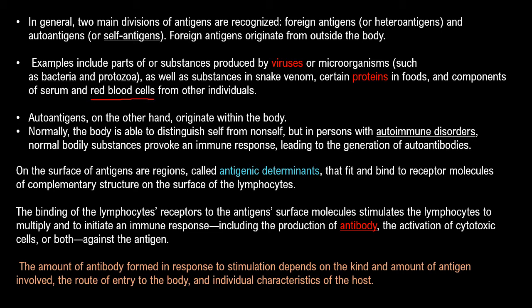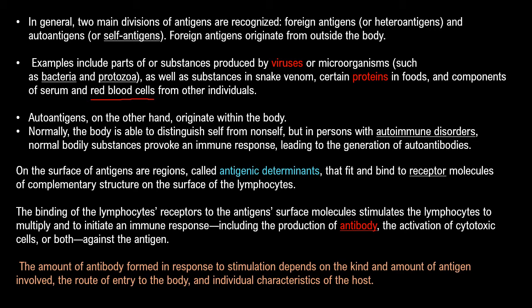The binding of lymphocyte receptors to the antigen surface molecule stimulates the lymphocytes to multiply and to initiate an immune response, including the production of antibody, the activation of cytotoxic cells, or both against the antigen. The amount of antibody formed in response to the stimulation depends on the kind and amount of antigen.